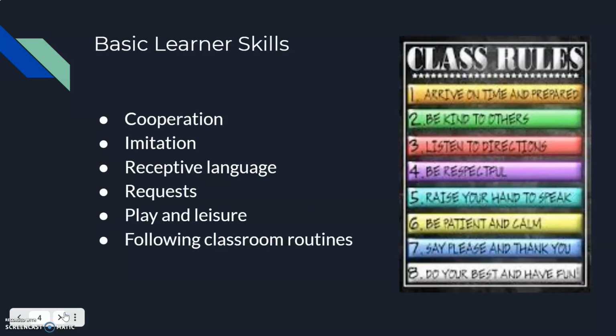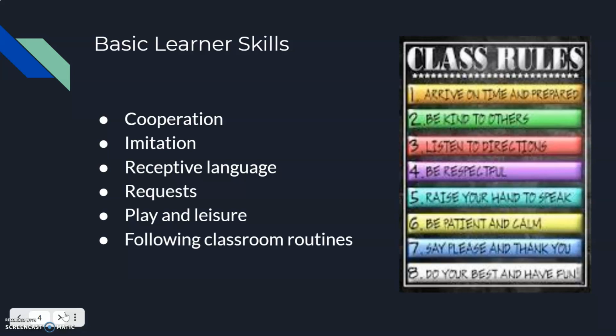Now, basic learner skills are those skills that students learn that seem rather simple to educators and students that do not have disabilities, but are highly effective for students with disabilities. Really, they're effective for anyone, but these are the skills that tend to be learned in life skills and support classrooms.